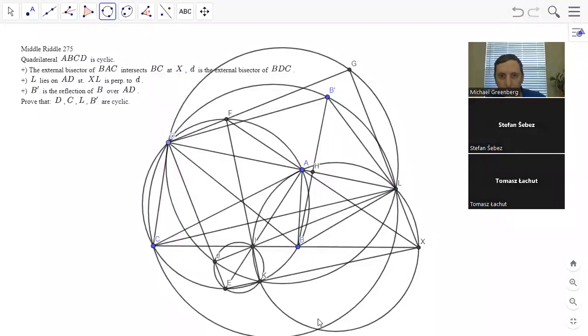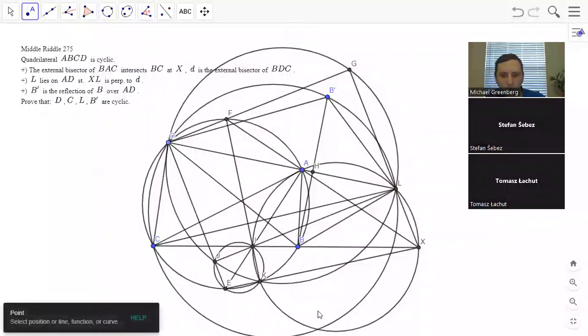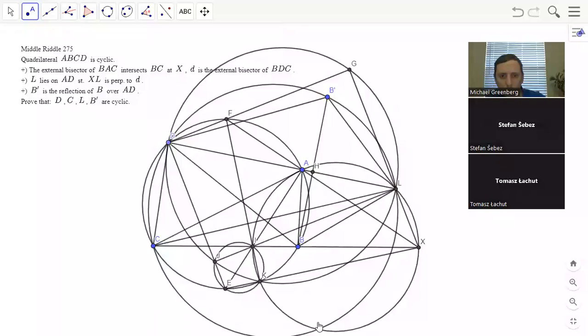Maybe there's something special about this point. Let's see. Maybe AK, let's see.